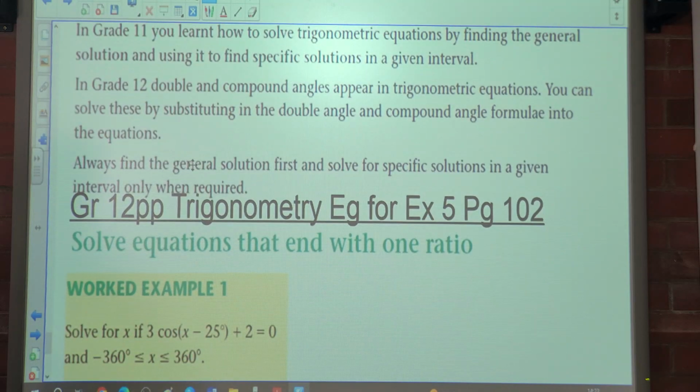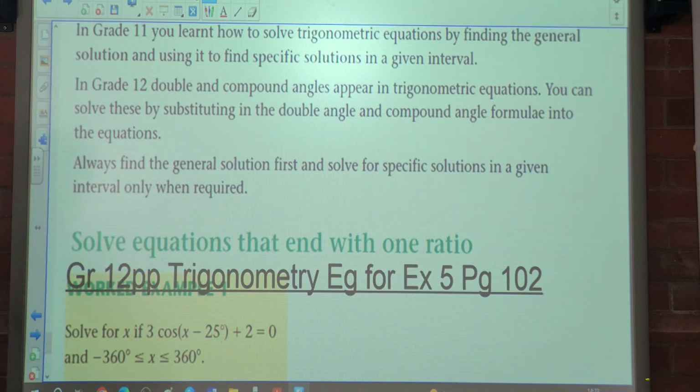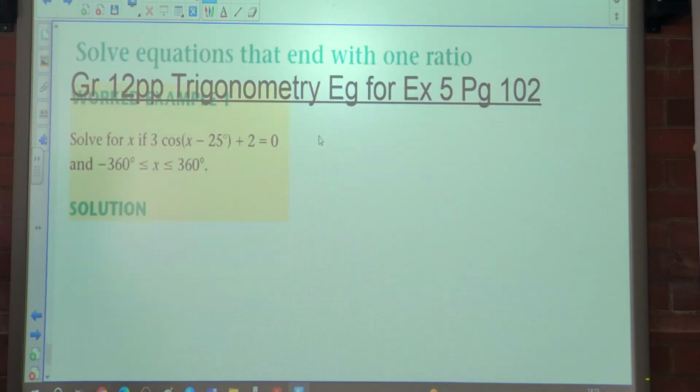In grade 12, double and compound angles appear in trigonometric equations. You can solve these by substituting the double angle and compound angle formulae into the equation. Always find the general solution first and solve for specific solutions in a given interval only when required.